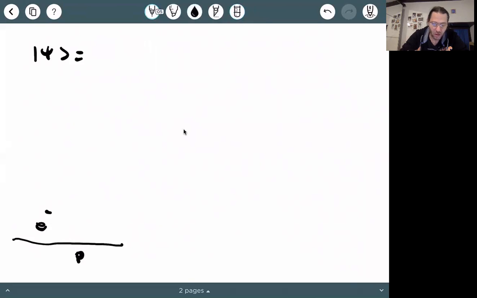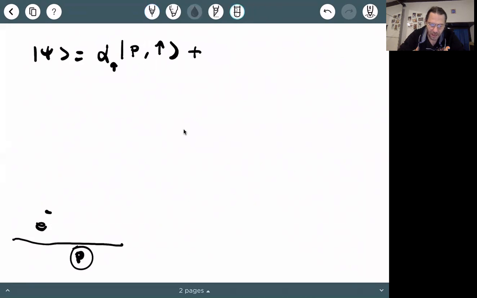So this means that in general, if all these states have the same momentum, there would be a certain probability amplitude for the electrons to have spin up, and a certain amplitude, let's call it alpha down, for the electrons to have spin down.